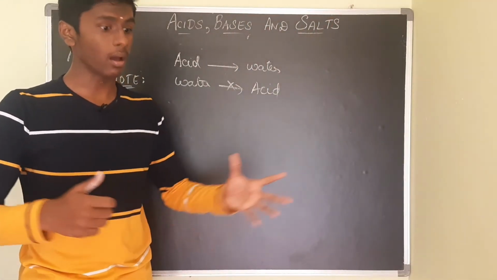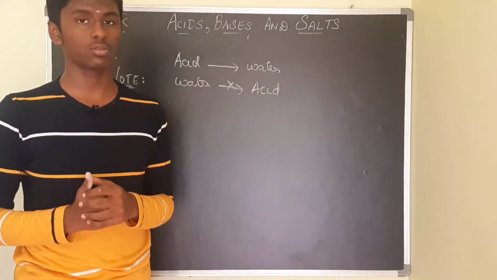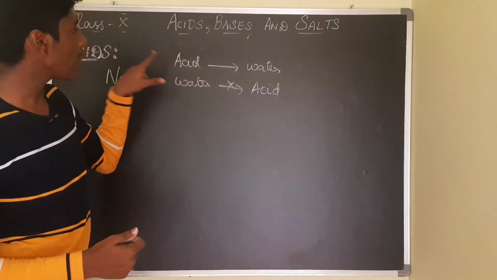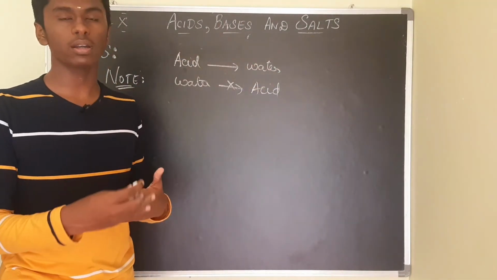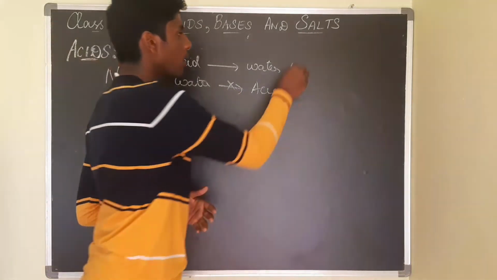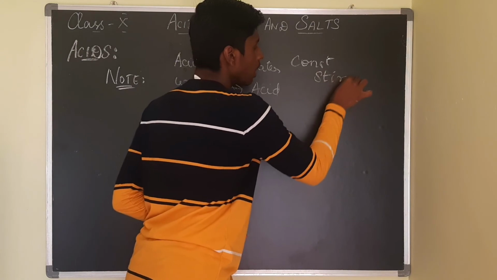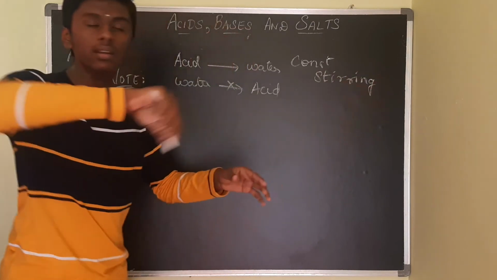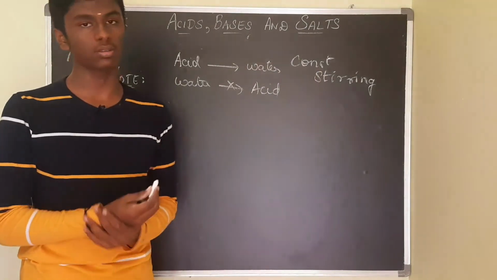A huge amount of heat will be evolved, which is very dangerous to us. So always add acid to water. By doing this, you will not get that much effect, and you have to do constant stirring of the solution so that the process will not be exothermic.